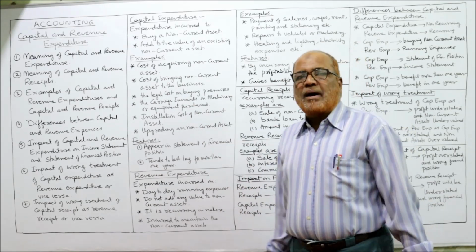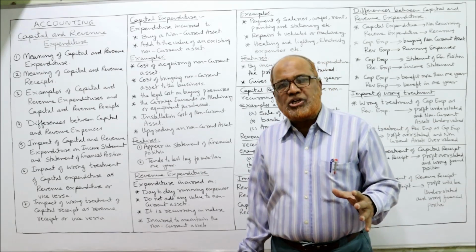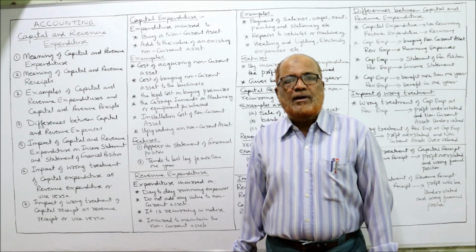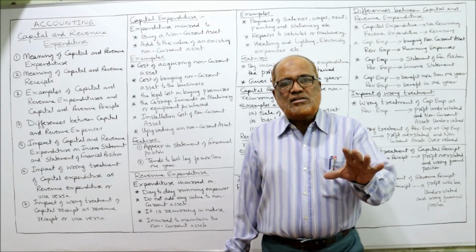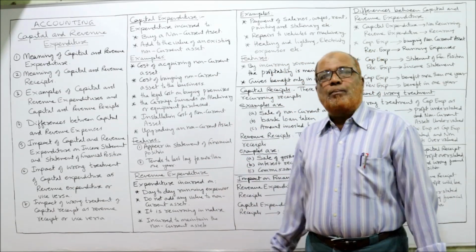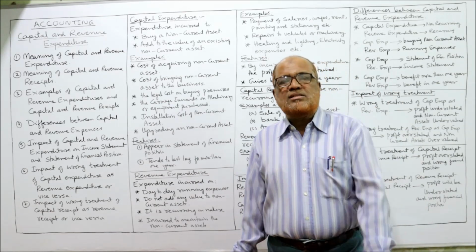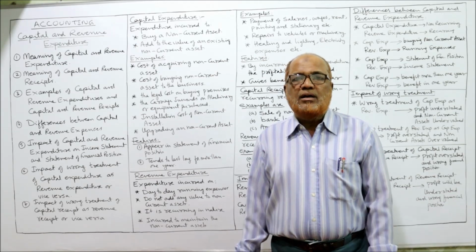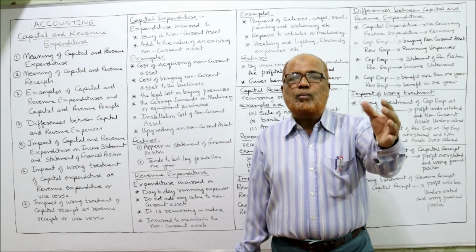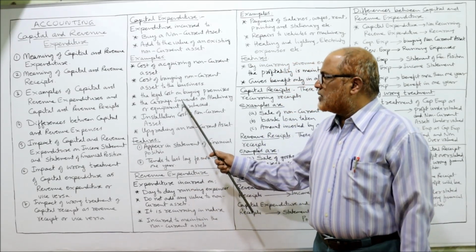The legal cost on buying premises: normally when a building or premises is purchased, some legal expenditure like registration charges will be incurred. These are also capital expenditure. Next, the carriage inwards on machinery or equipment purchased is also capital expenditure.